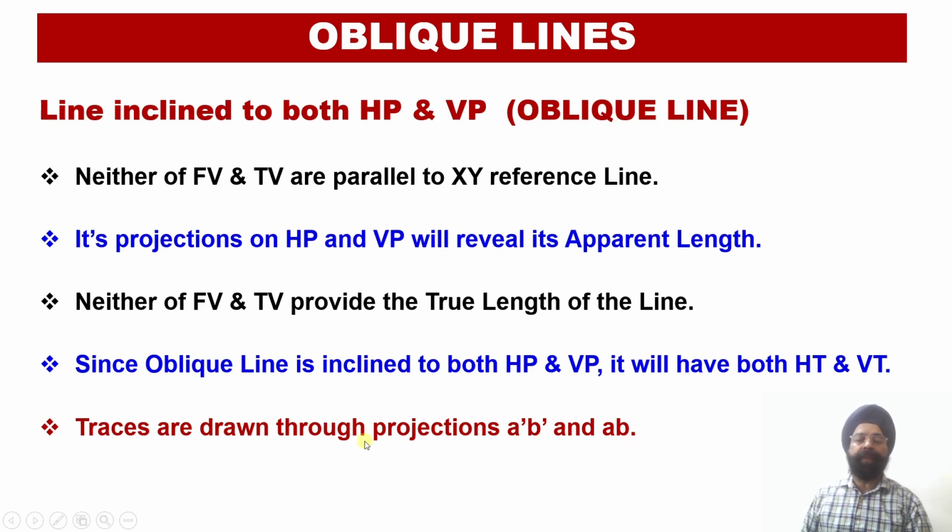We need to remember that the traces will always be obtained through the extensions of the projections in elevation, that is A dash B dash, and the plan, that is the AB projection line.